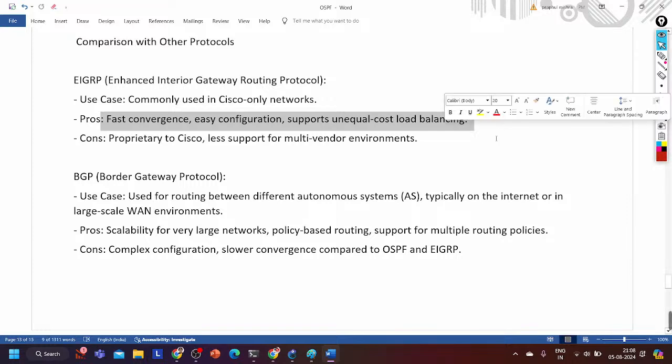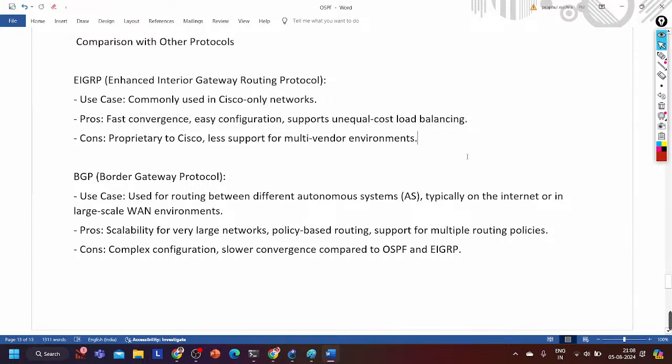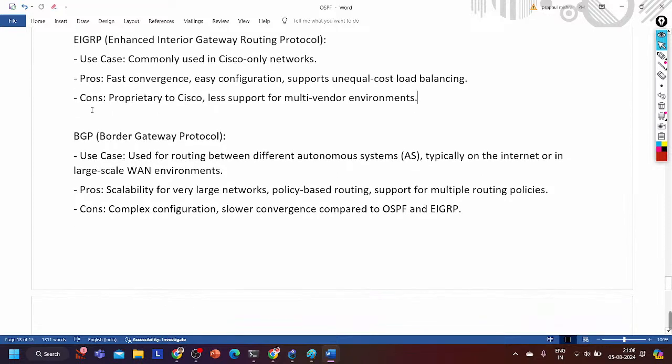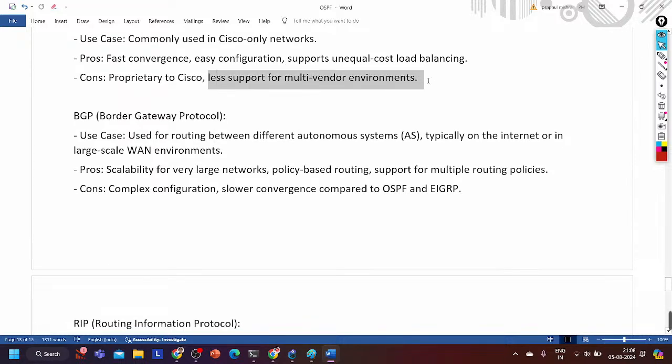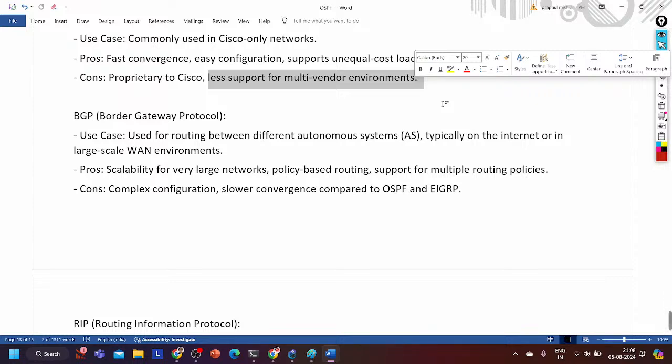So hopefully now you can understand the scenarios where we need to configure EIGRP. Earlier it was Cisco proprietary, and this was the disadvantage. Nowadays it is also open standard, but other vendors are mostly not using EIGRP, so there is less support for multi-vendor equipment.